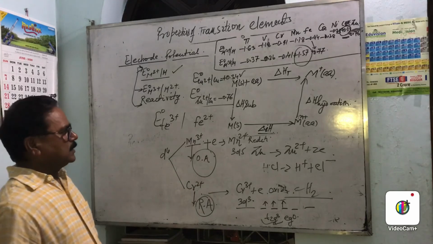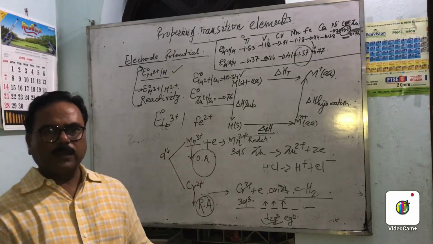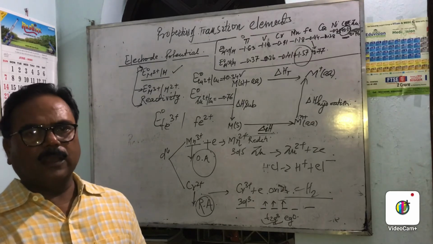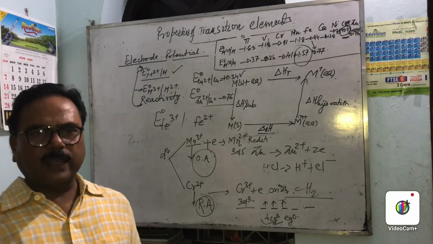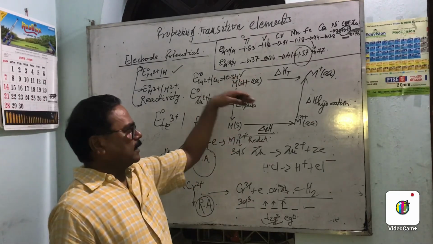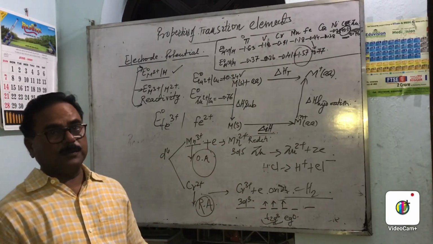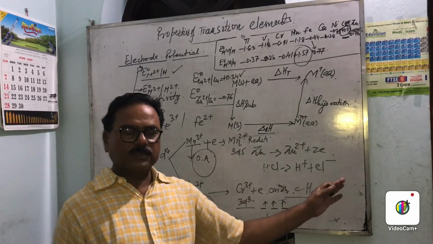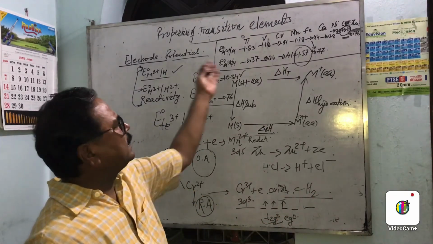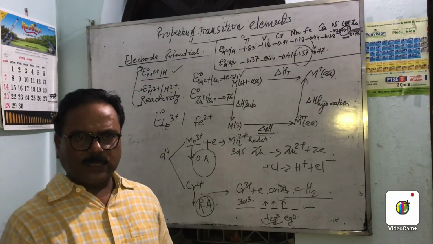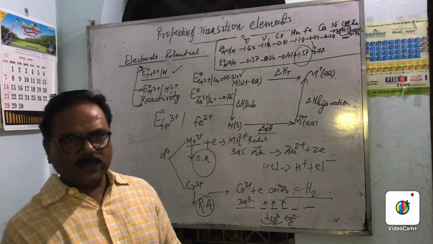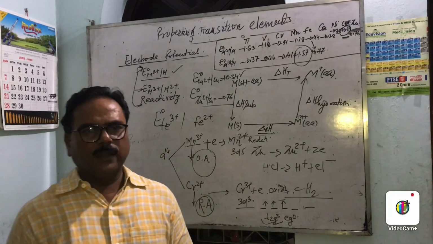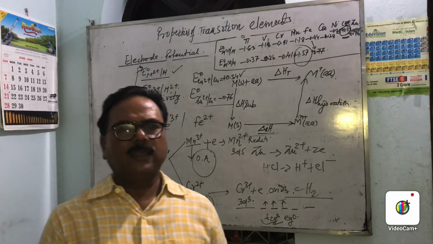So this is the conclusion about the reduction potential value and its variation and its stability in aqueous solution. We concluded that electrode potential depends upon 3 factors. Always remember, if you have knowledge of these 3 factors, then you can easily explain why it is positive, why it is negative, and sometimes why it is irregular. Thank you. The next topic will be discussed in the next lecture.